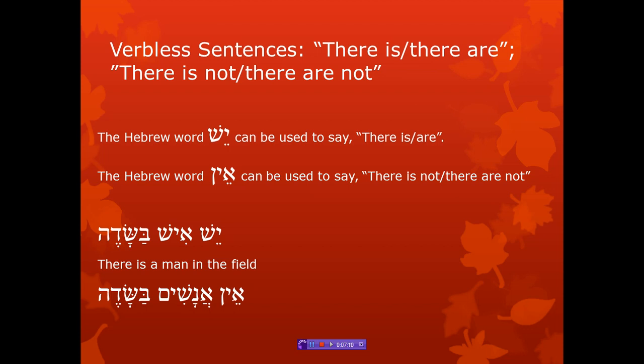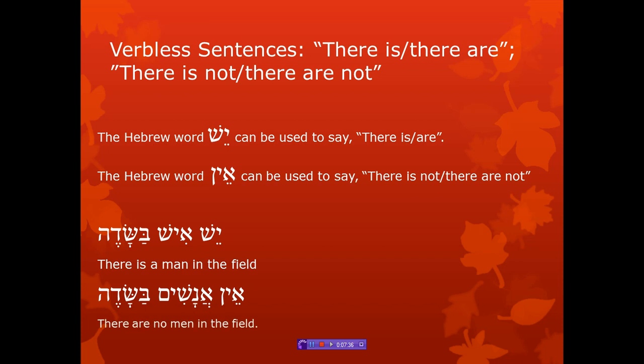Okay? Ein anashim basadeh. So remember, ein is kind of the negative partner of yesh. So no verb. Again, this is also within the realm of verbless clauses. There is no verb here. There is not, there are, I should say, there are no men in the field.